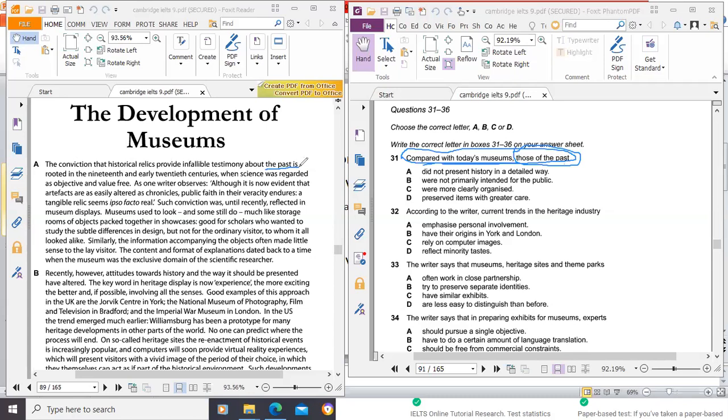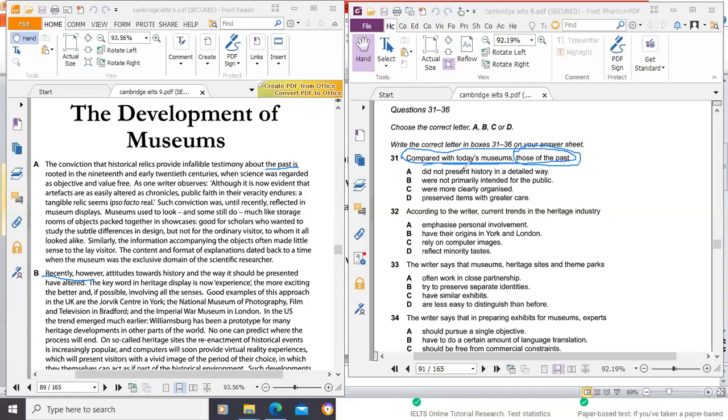I'm looking for currently. Those are the words I'm looking for. The past, currently, in the last decade. So about the past, that's so good. So this is currently, okay, recently. So the past, about the past. So this is our focus now.